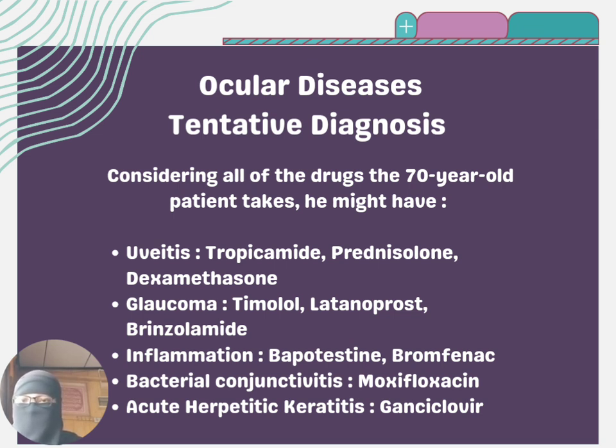Then the third one is inflammation, as he used bepotastine and bromfenac to treat it. Number 4 is bacterial conjunctivitis, which can be cured with moxifloxacin. And the last one is acute herpetic keratitis, for which he is taking ganciclovir as a drug used to treat viral infection.